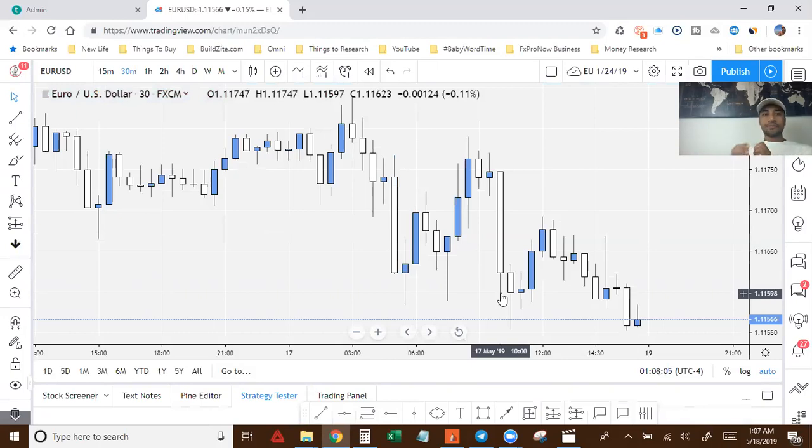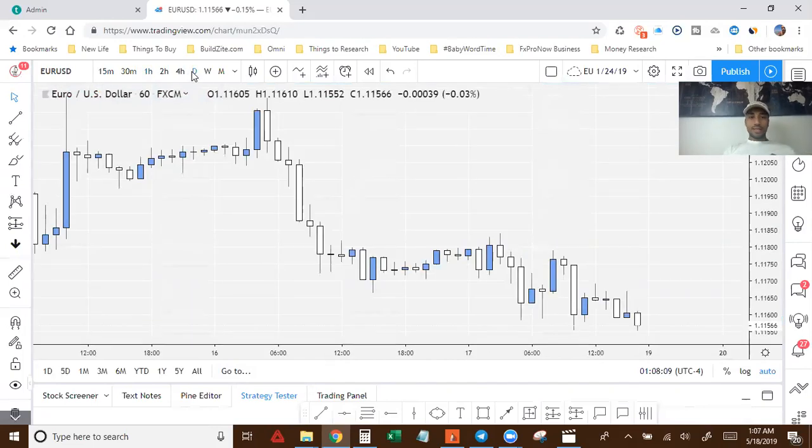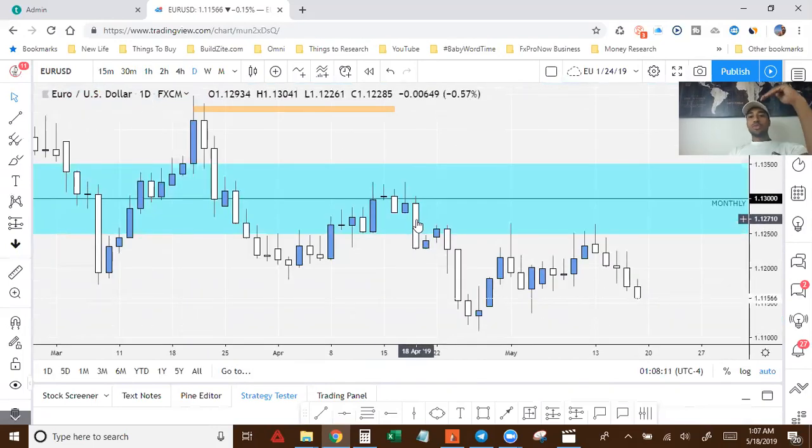The same thing goes for the 1 hour time frame and the daily time frame, where within one full day it opened here and closed here. The high was at the wick, the low was at that little wick right there. Opened here, also the low was there. It closed there, but the high was there. Same exact thing.